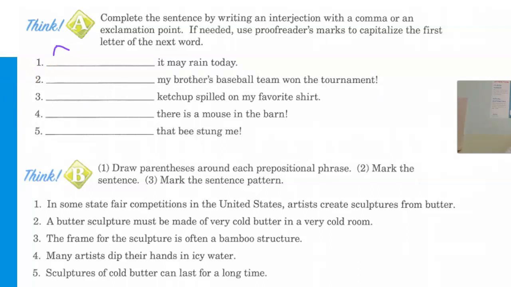If you're going to say, oh, it may rain today, then we would just make this a comma. If you're like, wow, it might rain today, then you would put an exclamation point and you would have to capitalize the I. So this is a section that the answers are going to vary depending on how you want the sentence to be expressed.